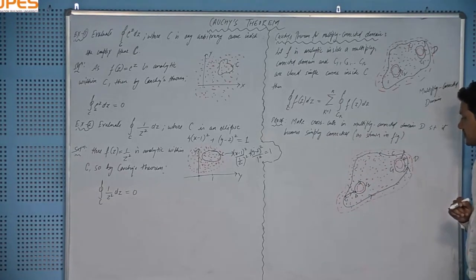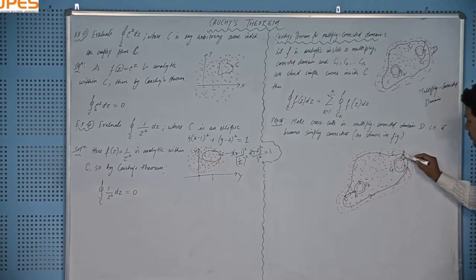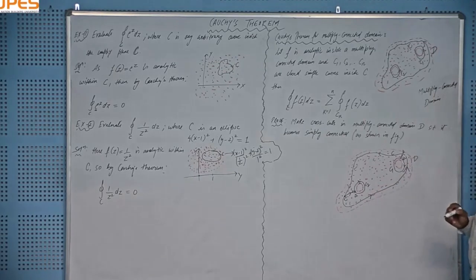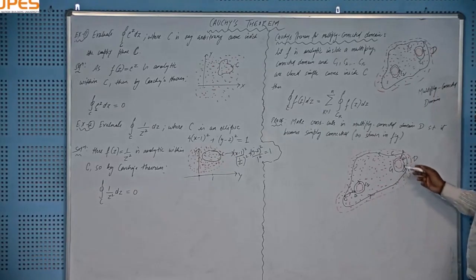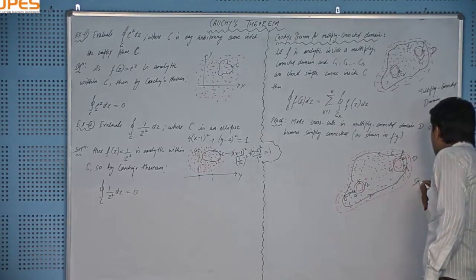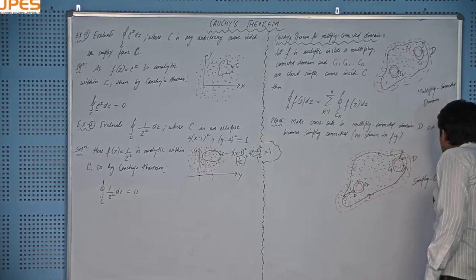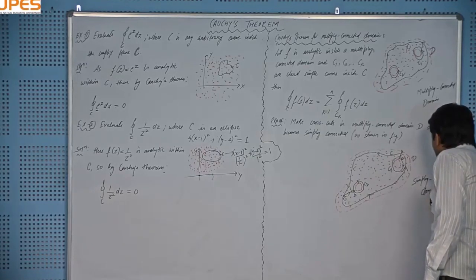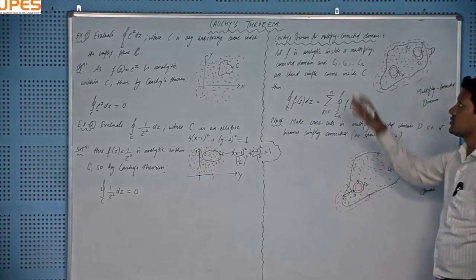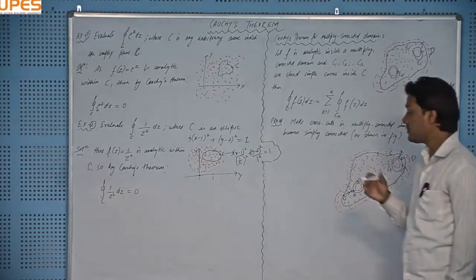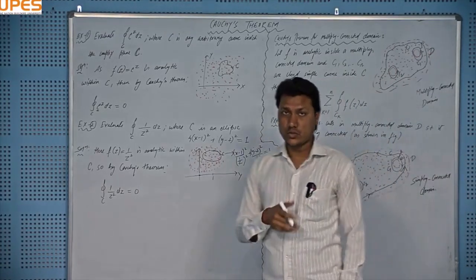Okay, and you can see that there are two cross cuts AB and CD, fine. And since it is a simply connected domain, I can use Cauchy's theorem here, because Cauchy's theorem can only be applied on simply connected domains till now.